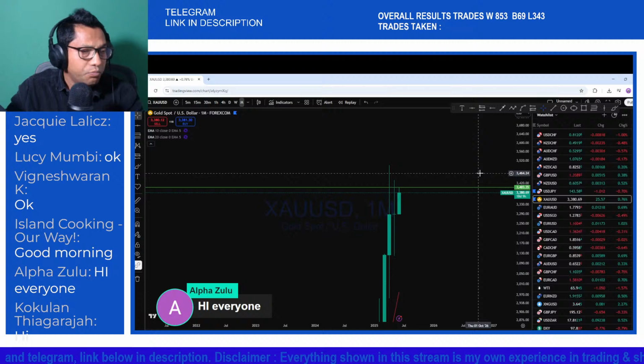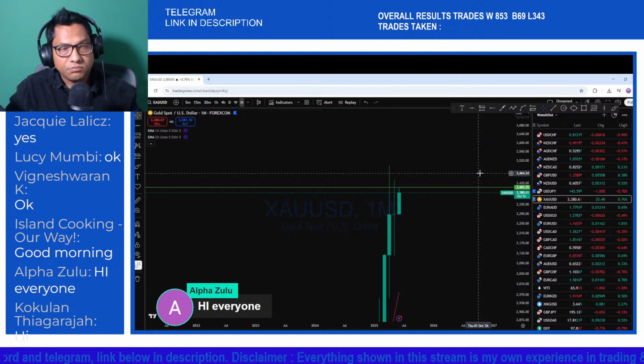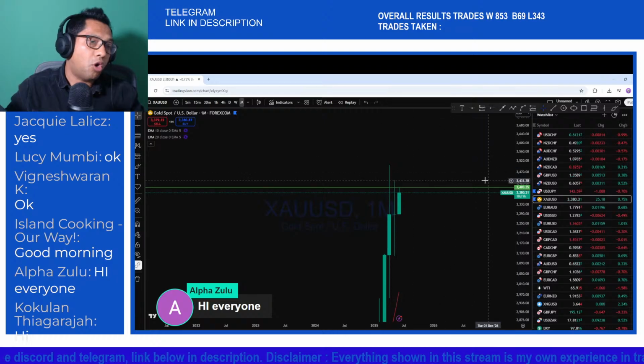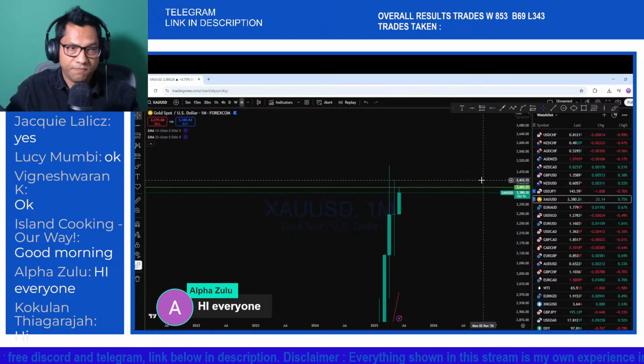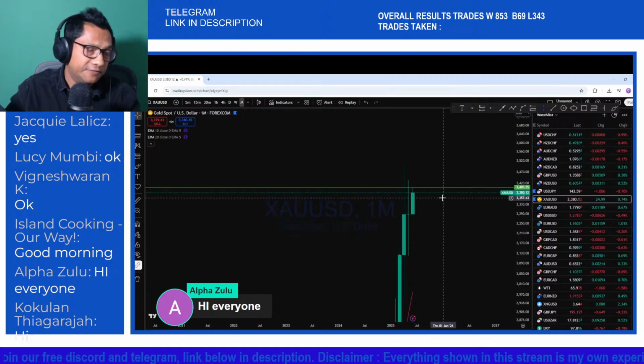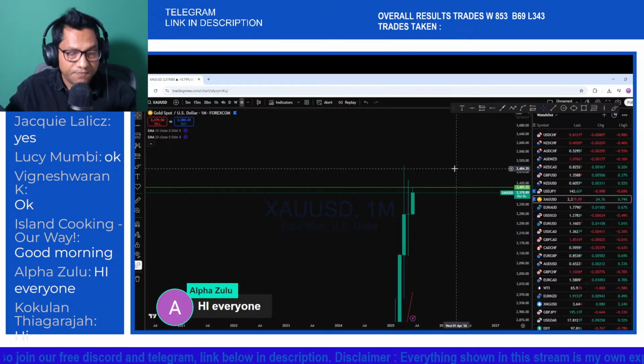Now the question is: is the market going back up to cross that monthly high, or is it coming back down again? This is what we will be looking at in this XAUUSD analysis.